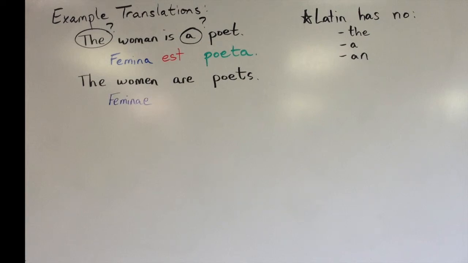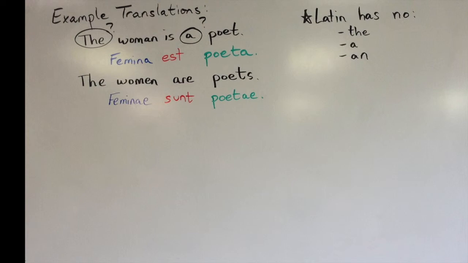Are is plural, and so we're going to use the word sunt to translate it. And the word poets is plural again, and so we're going to have ae as its ending, poetae. Notice how if we have a plural subject, we also have a plural predicate nominative. And if we have a singular subject, we have a singular predicate nominative.